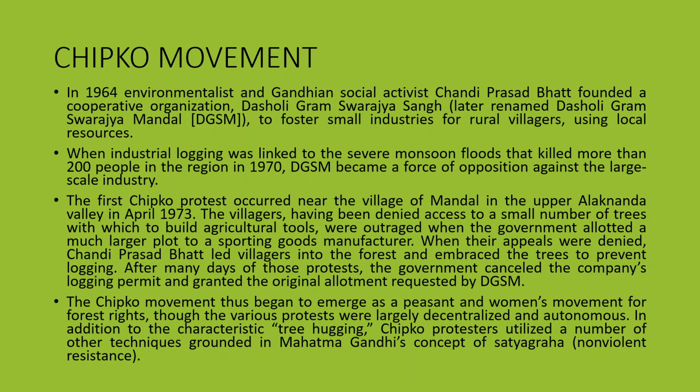After many days of protests, the government finally cancelled the company's logging permit and granted the original allotment requested by DGSM. So this movement became successful, and the government had to step back.